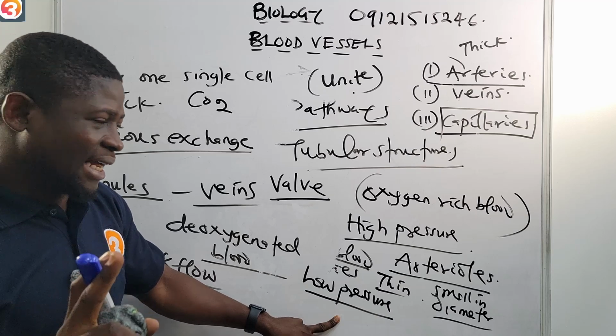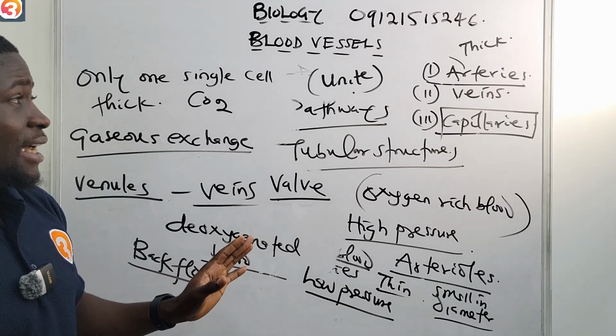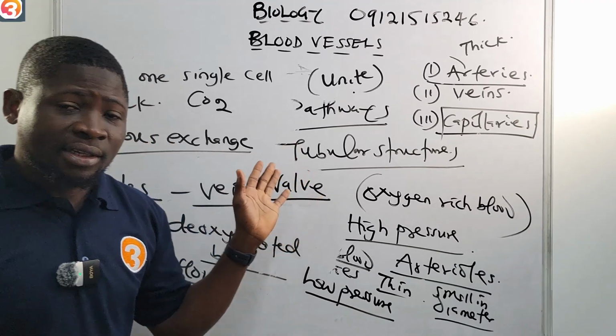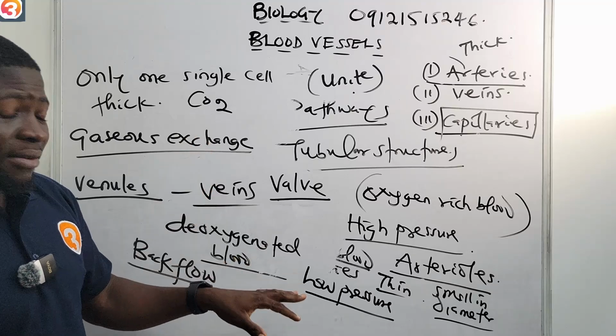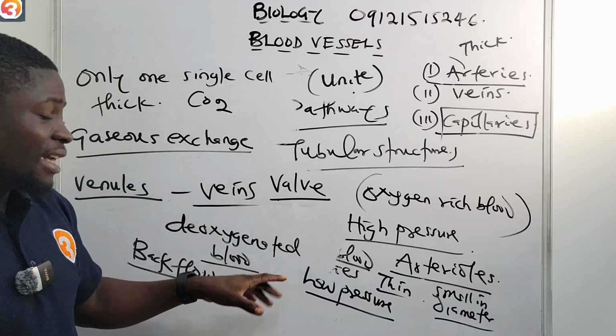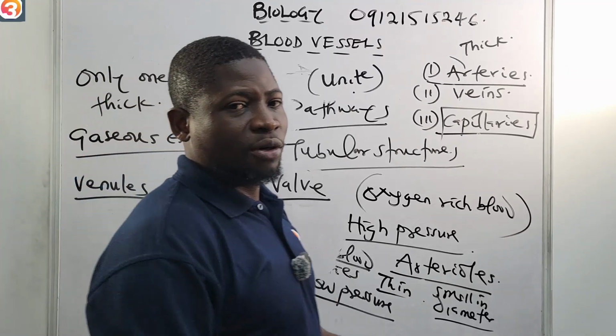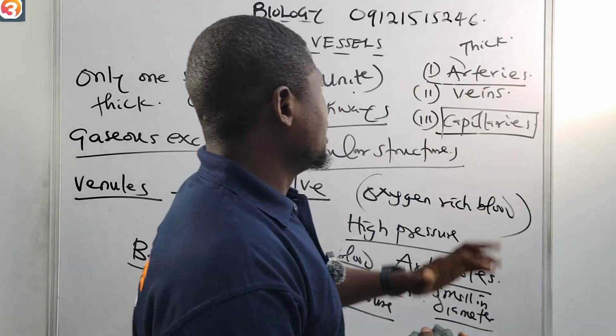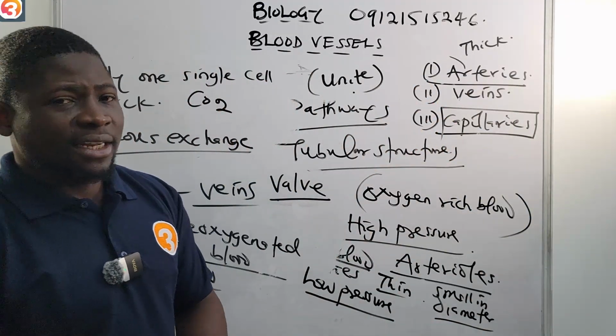Please take note of that. It's also very important to note that arteries do not have that valve. And veins carry deoxygenated blood back to the heart. So those are the blood vessels in a nutshell: the arteries, the veins, the capillaries.